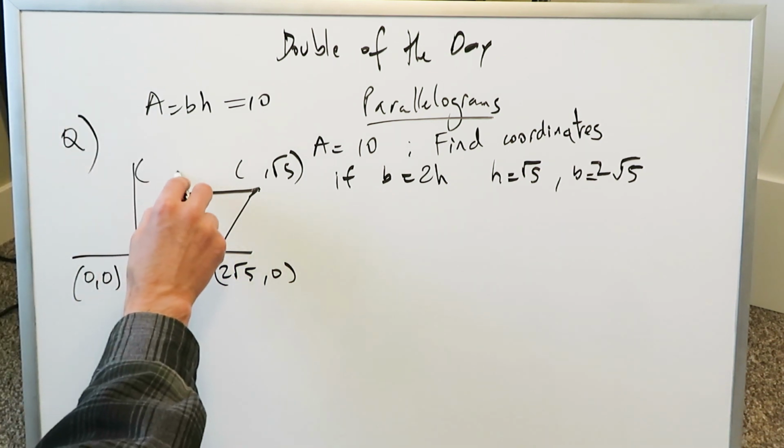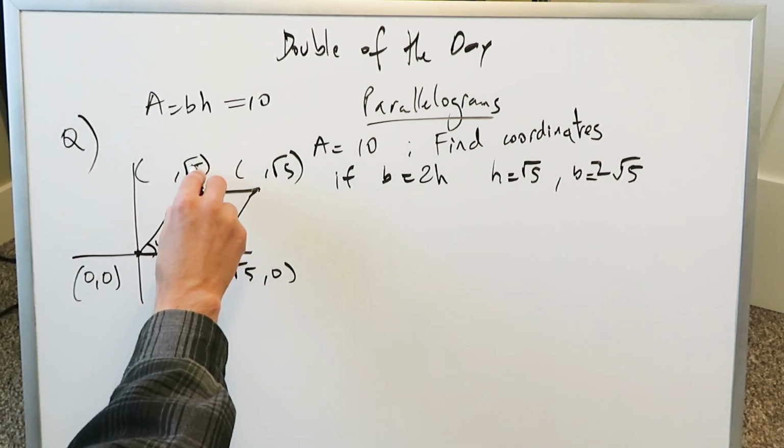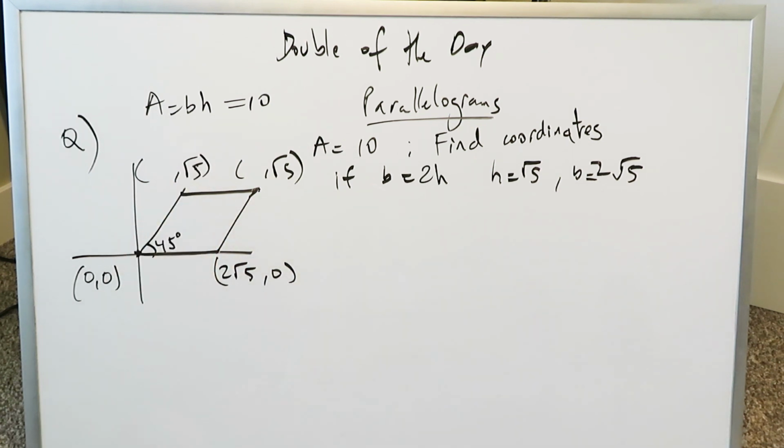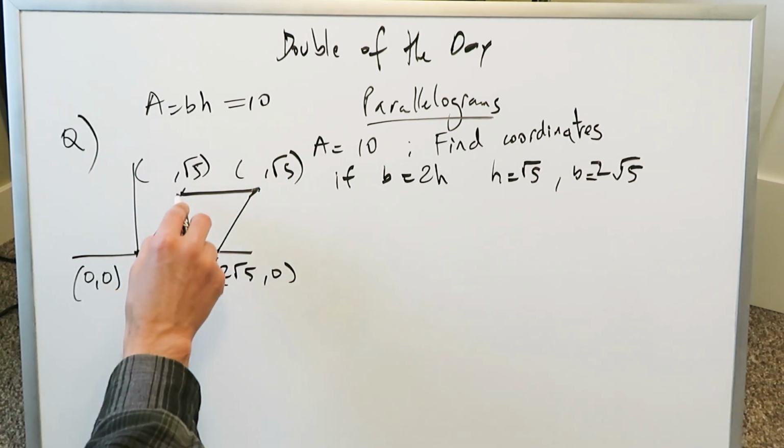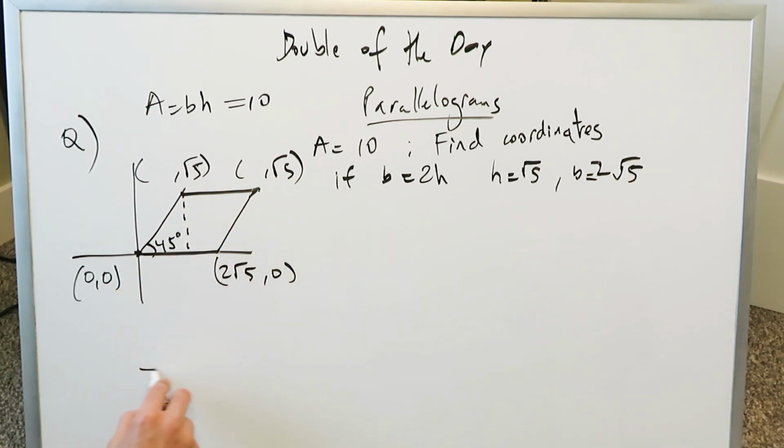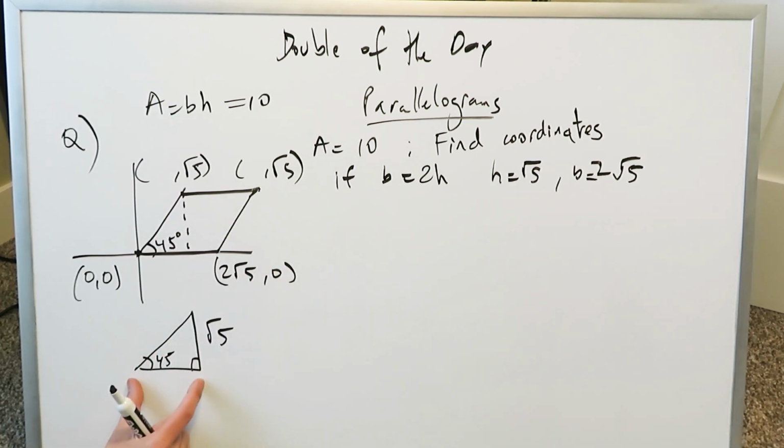So we know that. We just have to determine what will be the x value here in both of these instances. If you look at this, you can draw a right triangle, and it wouldn't be a bad idea to do that and bring that right triangle out. You have a 45 degrees, you have a height dimension which we know to be root 5, and we can just calculate this dimension right here.